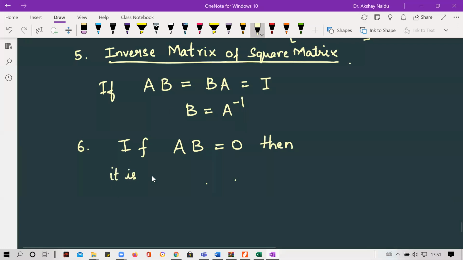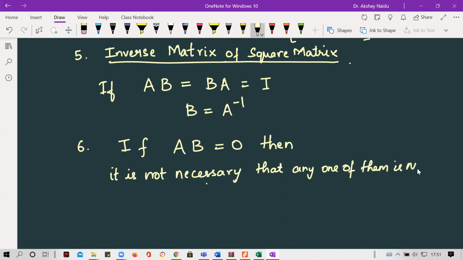It is not necessary that any one of them is a null matrix.